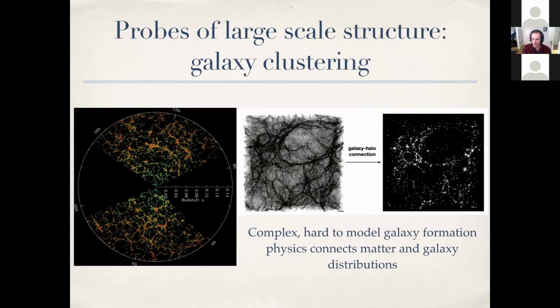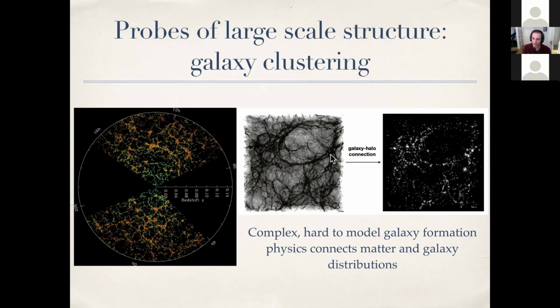It looks something like this. And if you have a keen eye, you'll notice that the galaxies populate only the densest regions in this matter distribution, the nodes of this cosmic web that we call dark matter halos.